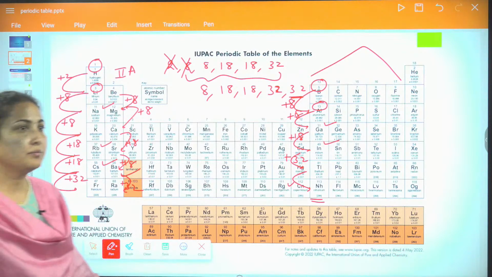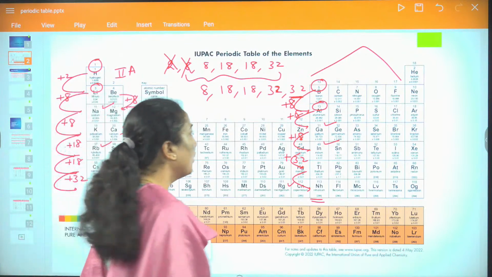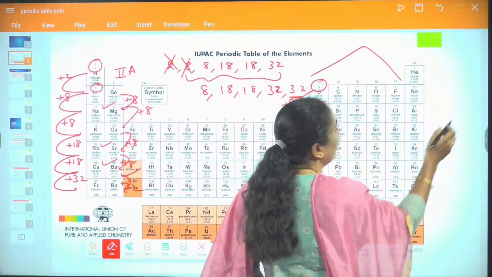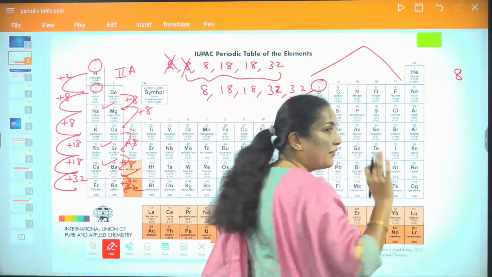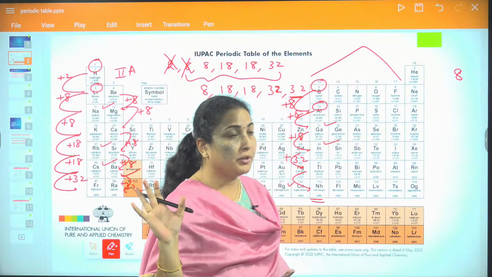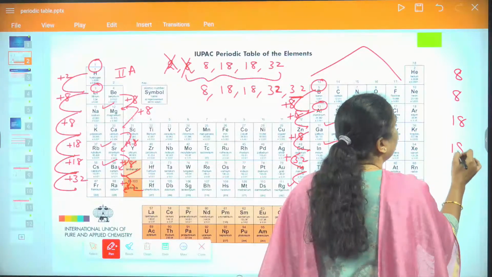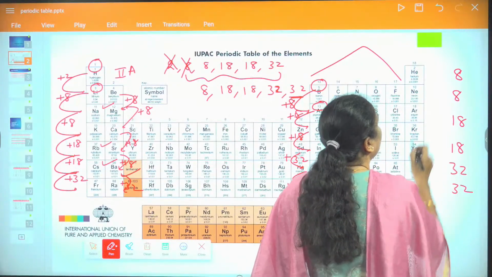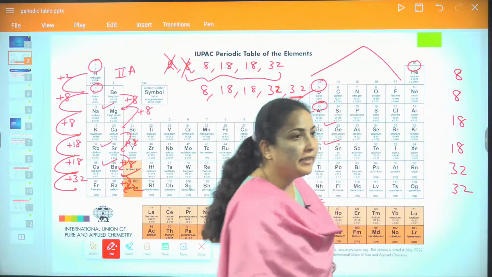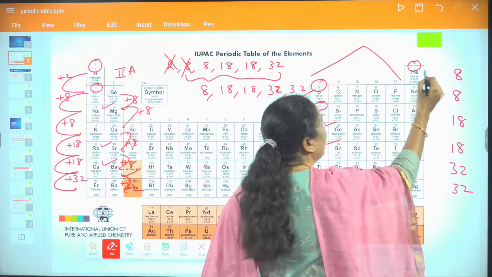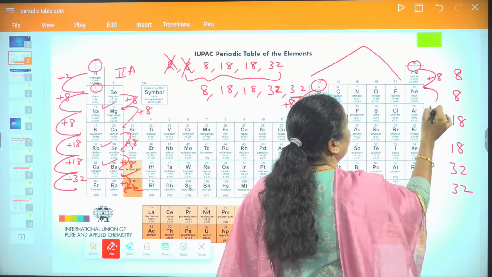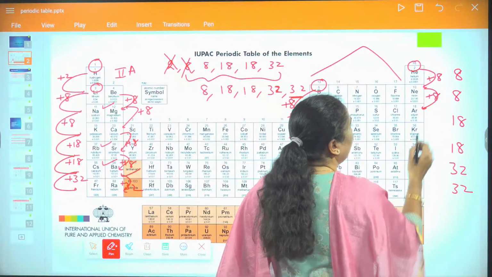Digesting the things, right? Okay. Now, when it comes to this last group, we know their valency is 0. 0 group. Demands are double. That means 2 times 8, 2 times 18, 2 times 32. So are you able to see? In helium, 2 is the atomic number. Add 1 time 8, you got neon. Add 1 more time 8, you got argon.